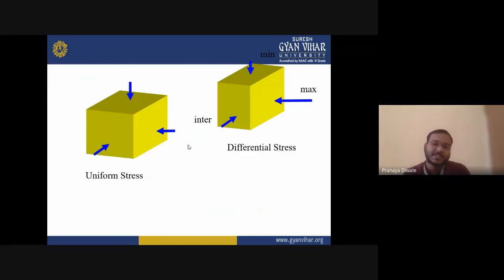Then you have differential stress or differential pressure. On one side you have the intermediate, on one side the minimum pressure, and on one side the maximum pressure. This kind of pressure is known as differential pressure or differential stress.